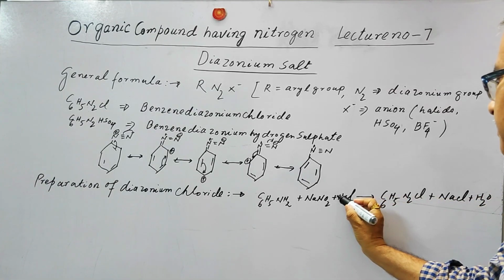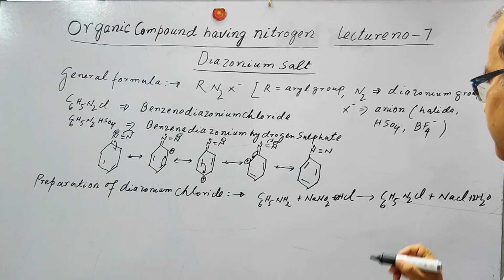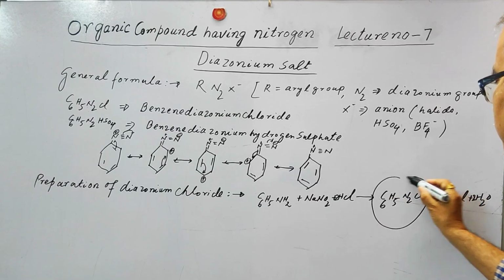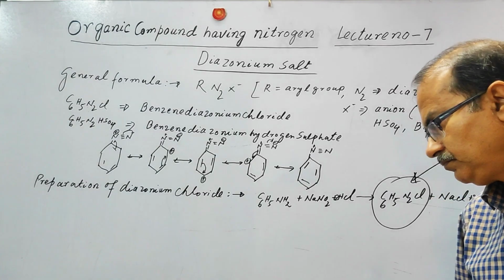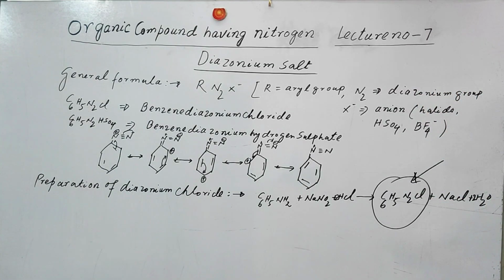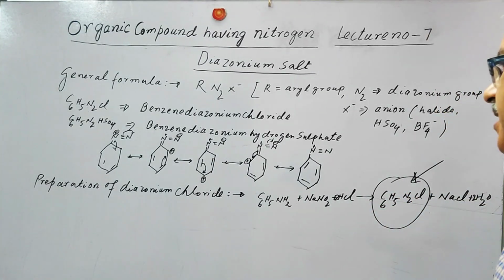This is the balanced reaction. So you will produce this diazonium salt. This is called the diazotization reaction.